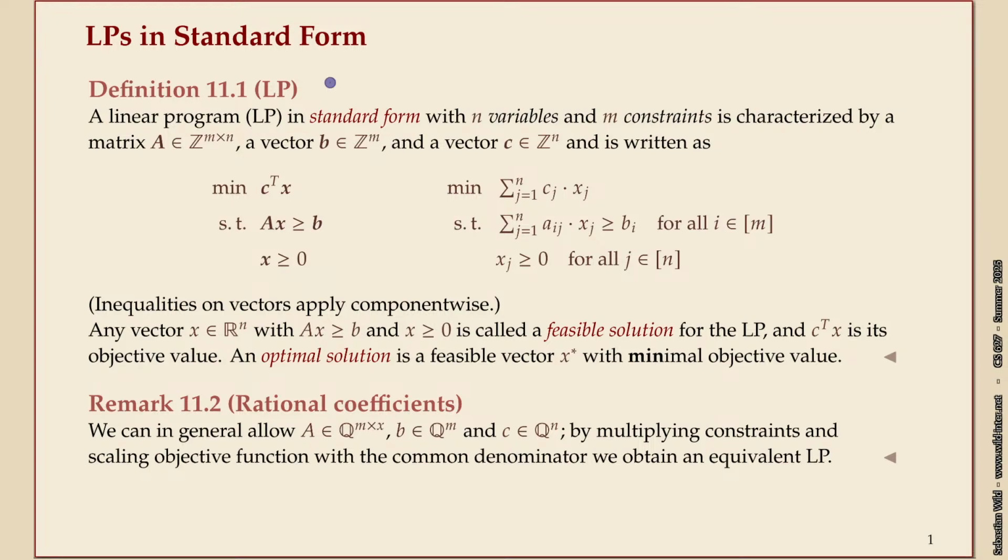A linear program, and here I've already given the standard form. We'll come back to why that is convenient. Is an optimization problem of this sort. You're trying to minimize some cost. You have variables, which can be any real number, but non-negative.